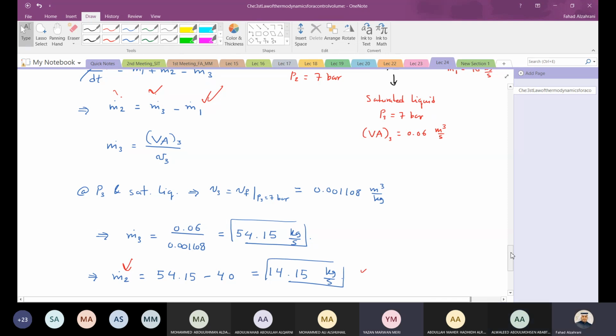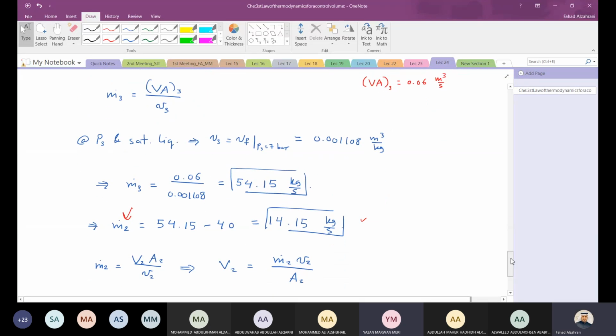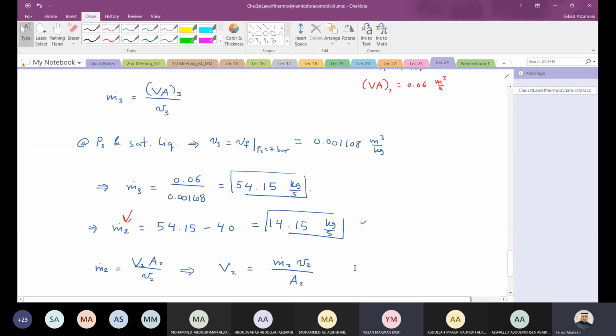Yes, Doctor: M2 multiplied by the specific volume over the area. Repeat: M2 rate multiplied by the specific volume over the area. Exactly, very simply. You have the mass flow rate equation, mass flow rate equals VA over specific volume, then rearrange to find the velocity.